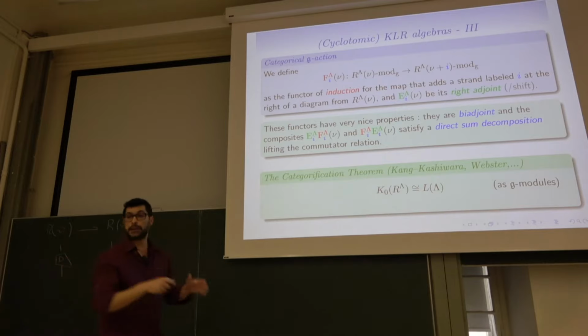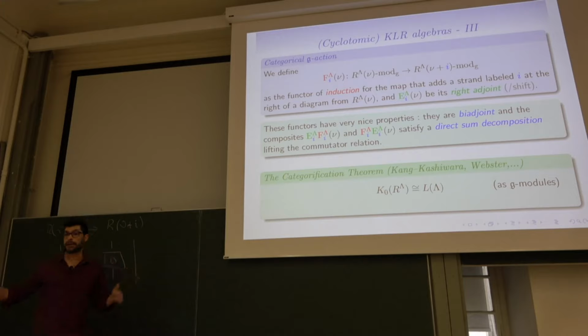So this was a long way from the half quantum group to this theorem. It's not automatic, it's hard, and it goes through the work of lots of people. I forgot to mention Ariki also, in the non-quantum case.